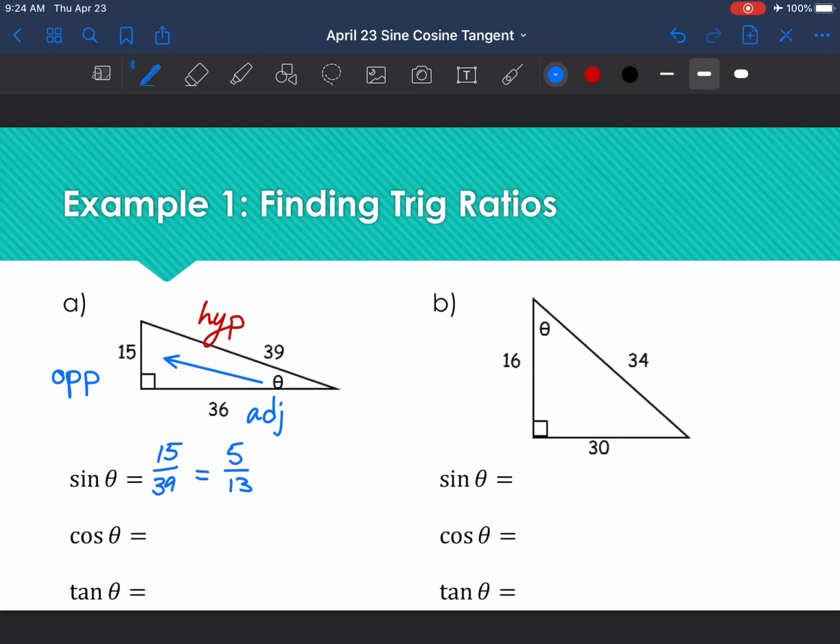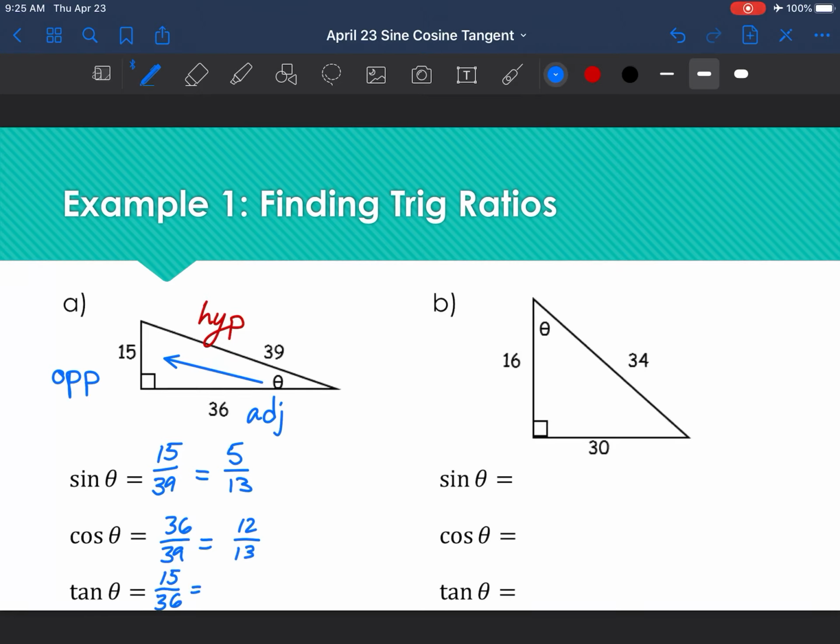Then for cosine, cosine is adjacent over hypotenuse. So adjacent is 36 and hypotenuse is 39. Simplify this. Again, 3 goes into both numbers evenly, so that would be 12 over 13. And then tangent is opposite over adjacent, so the 15 and 36.